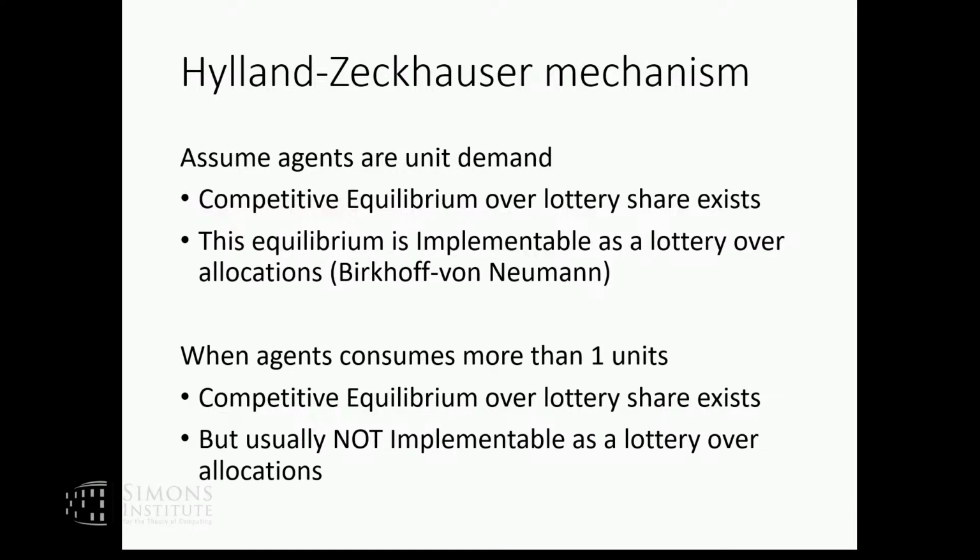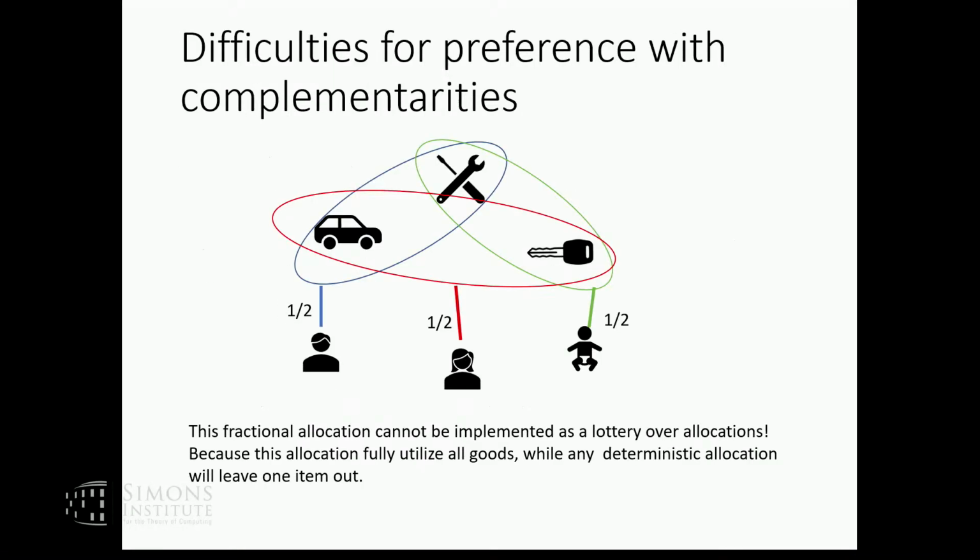In Hylland and Zeckhauser, if agents are consuming a single item, then we know that an equilibrium exists and it can be implemented because of the Birkhoff-von Neumann theorem. When agents consume a bundle, we still have the first part, but not the second part. Let me show you an example.